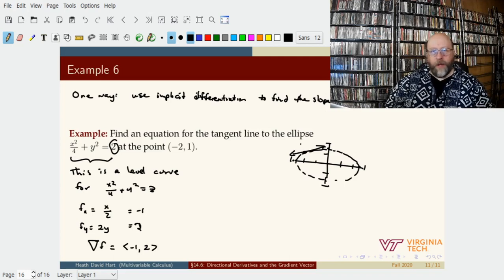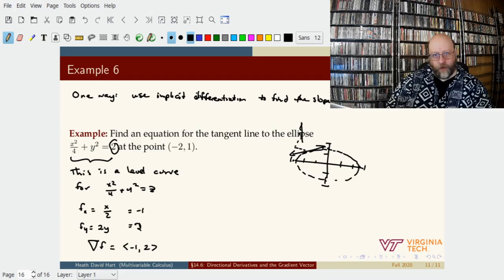So the gradient vector is pointing in the direction negative 1 in the x direction and positive 2 in the y direction. Well, we know the gradient vector is perpendicular to the tangent line.